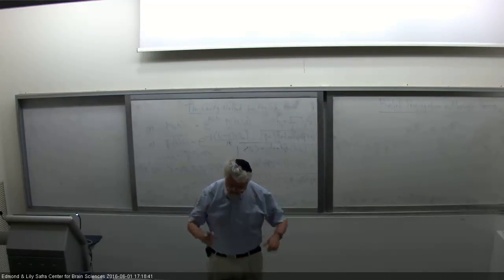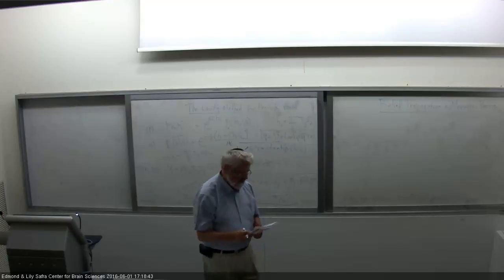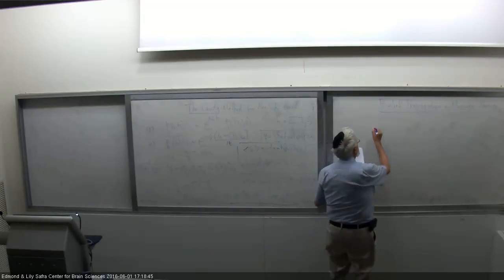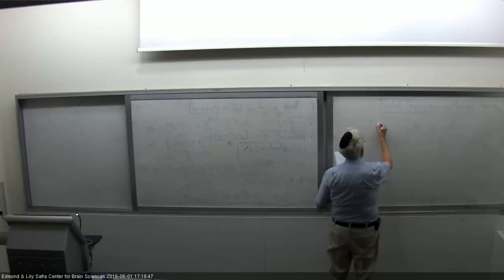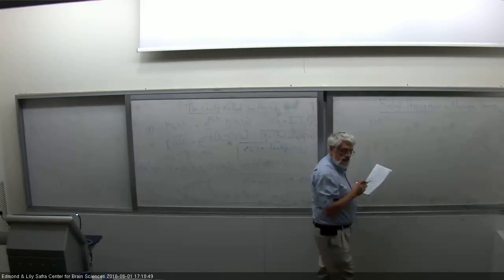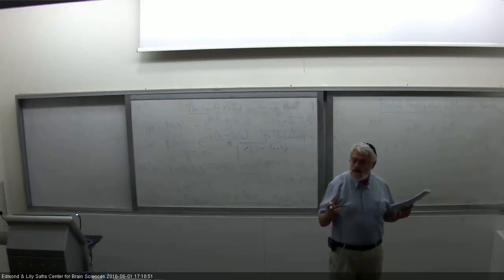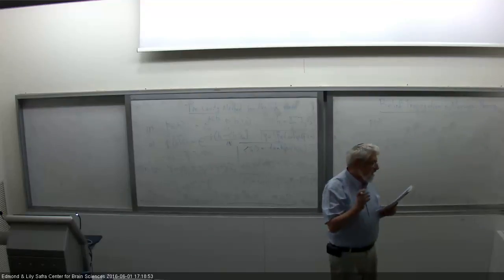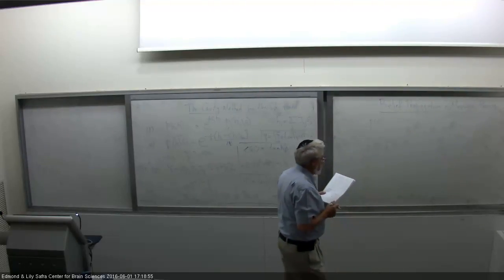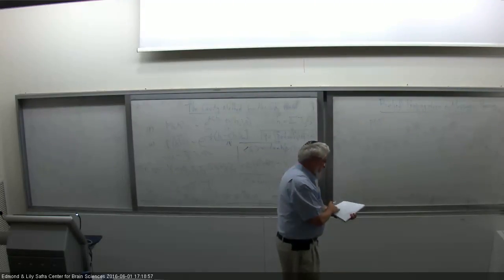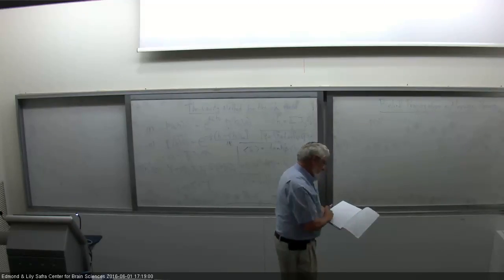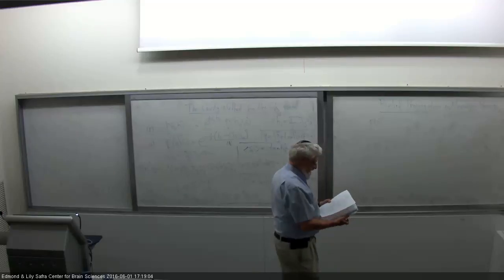But the method itself is more general than that. So we are going to assume that there are n degrees of freedom, again denoted by S. For now, they don't have to be Ising spins. They can be soft spins or something like that. But very quickly, we're going to assume Ising.